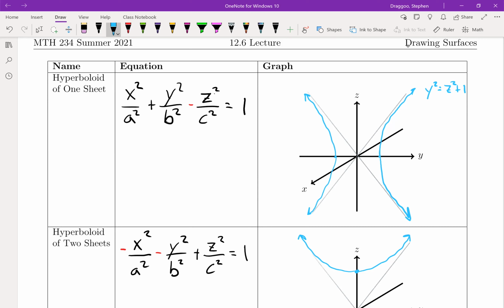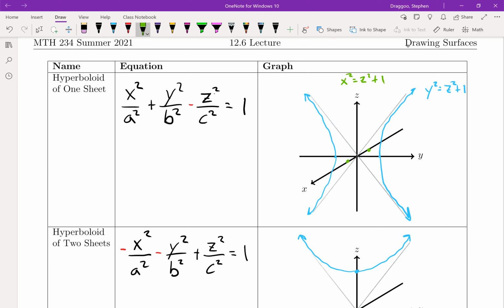And then we'll try and extend out into the XZ plane, where in the XZ plane we just ignore y. We should have x squared equals z squared plus 1. And again, I'm ignoring all of those coefficients, save for where I need things to show up as positive or negative.